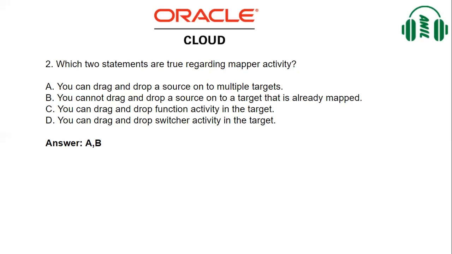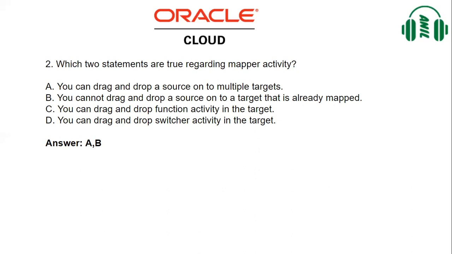Yes, that is true. But when you use some functions, let's say we want to concatenate first name and last name. From source, first name is one field and last name is another field. From the target side, you want to combine that, so that is expecting only full name.